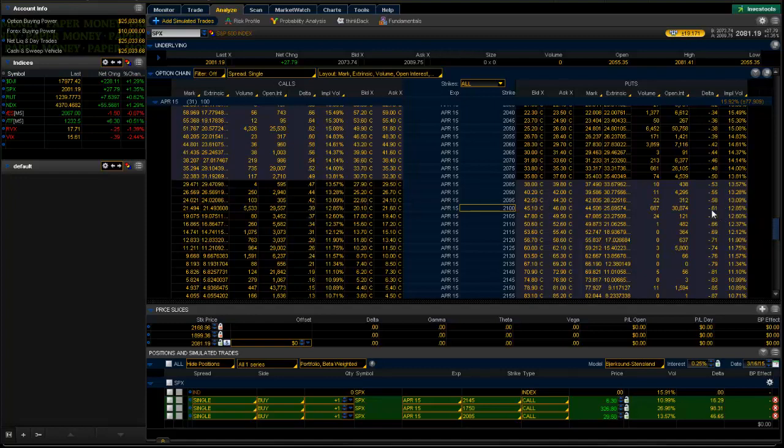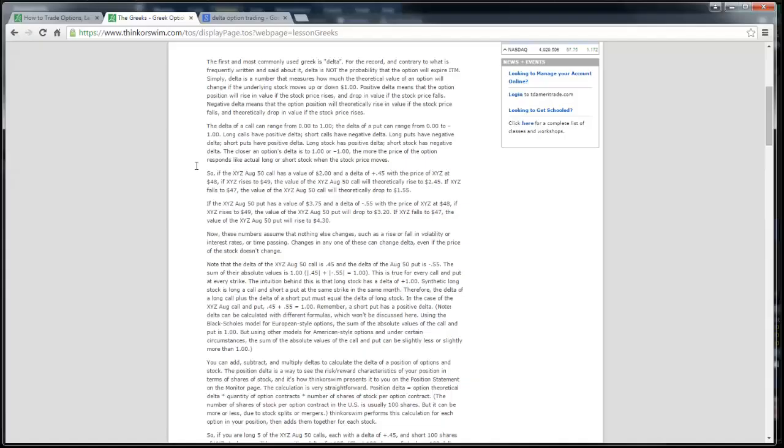Now, that gets a little bit confusing because if I add plus 0.39 to minus 0.61, that doesn't give me 100, but you'll notice that if you take this minus sign away from it, obviously 0.61 and 0.39 is 1.0. That's all this refers to when it says the delta of a call can range from 0 to 1. The delta of a put can range from 0 to negative 1.